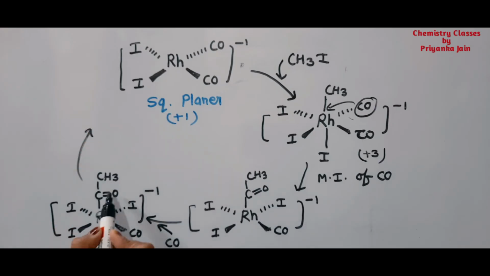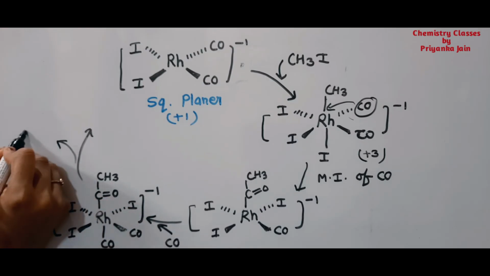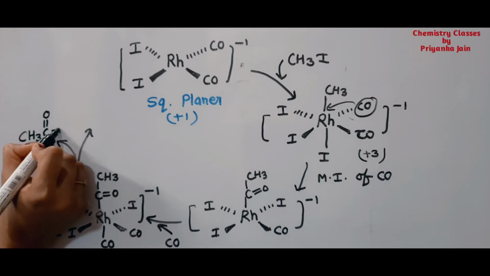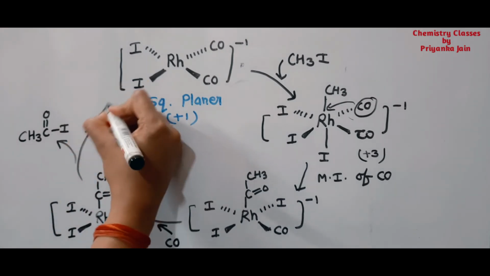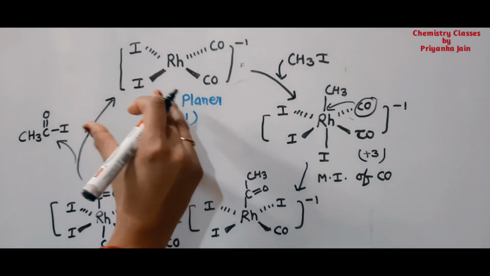This CH3CO group with one of the iodine groups will be removed as CH3COI. This is the thing that we want. So this will be removed and we get our catalyst as it was. So this will again be square planar.